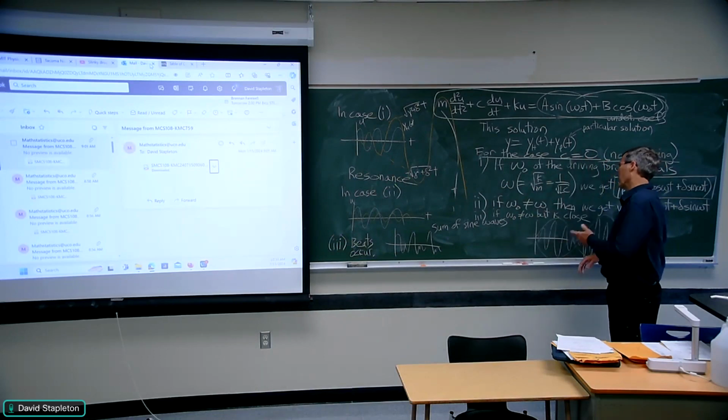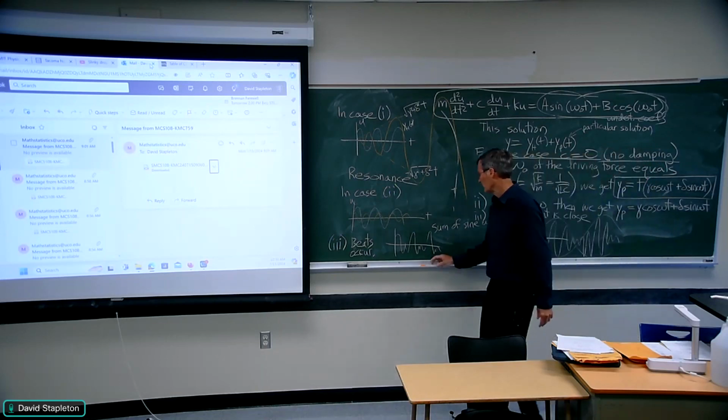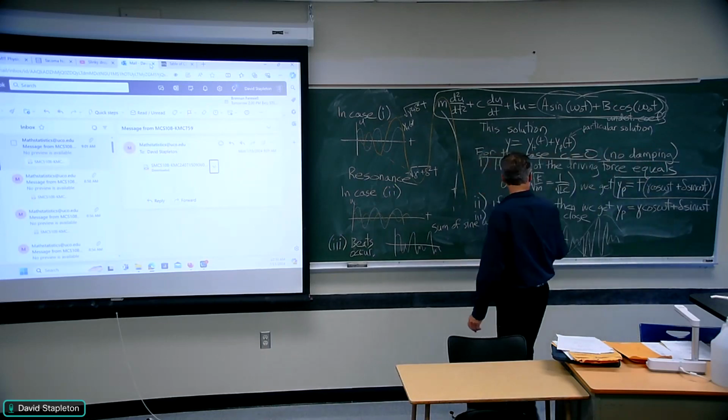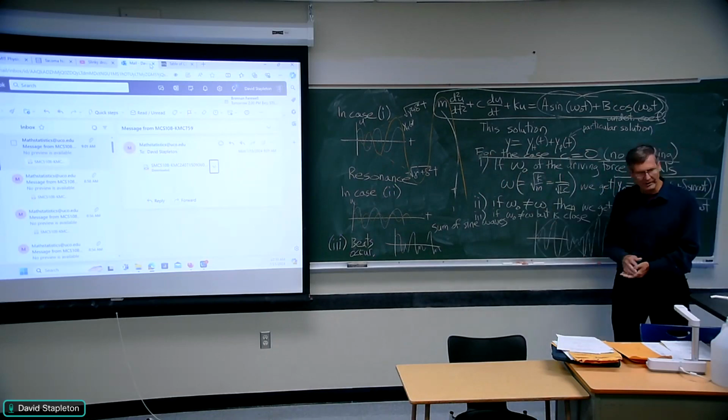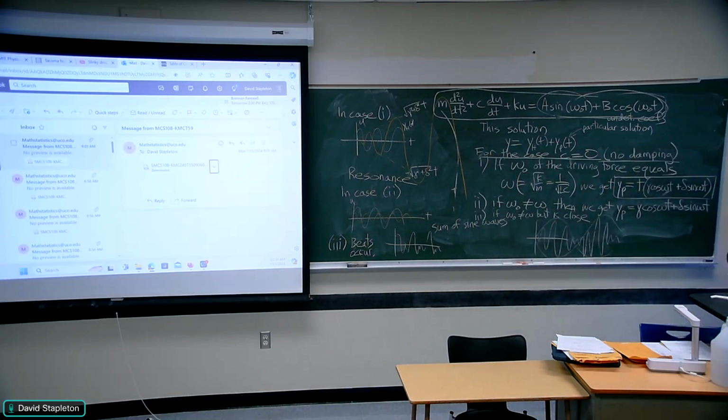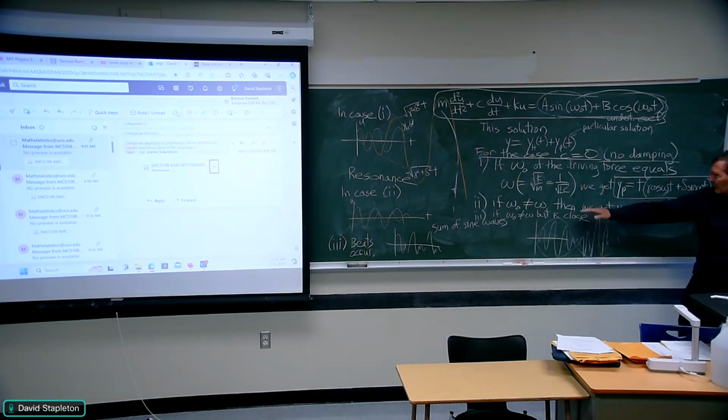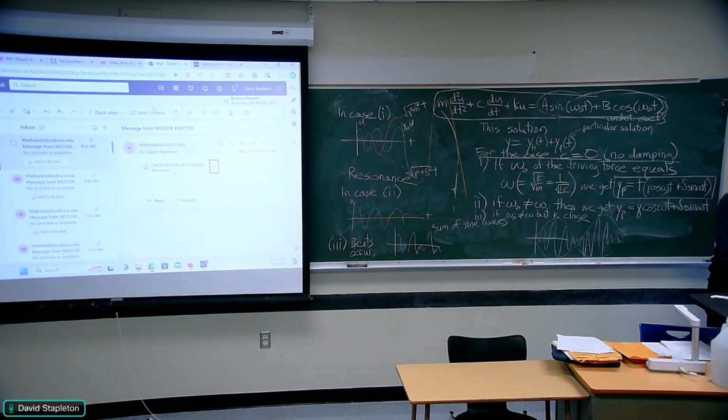It'll go bigger and bigger for a while, but then eventually you'll be pushing at the wrong time and it'll damp back down. Then it'll build back up and damp back down. And you get these beats. So that's when they're almost equal, but not quite. It helps if they're almost the same amplitude also, but you'll get some beats regardless.